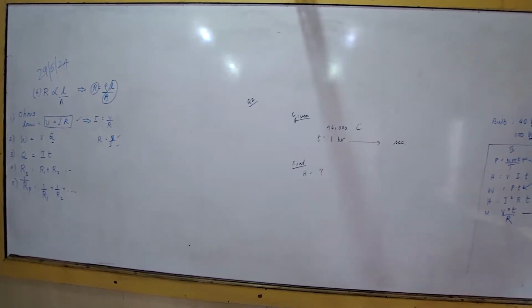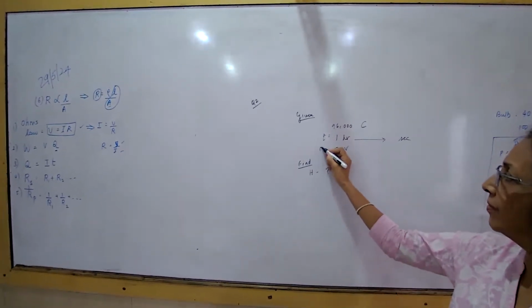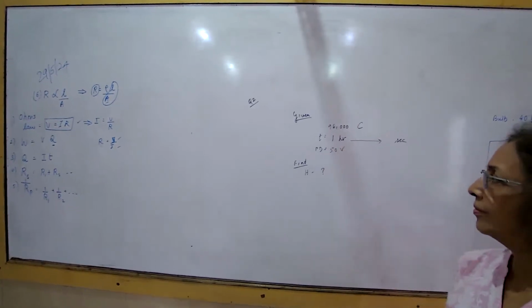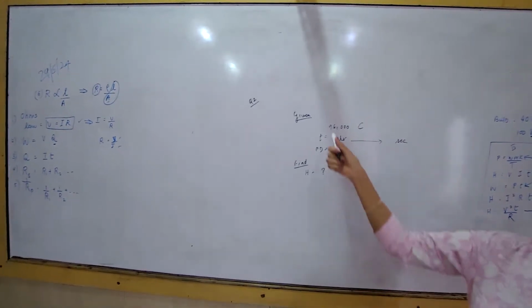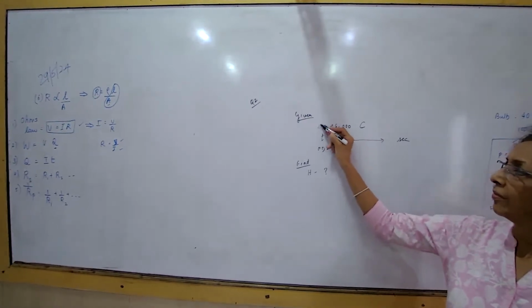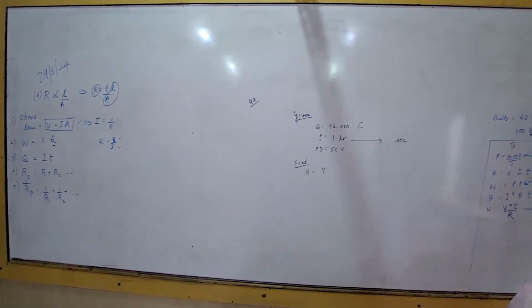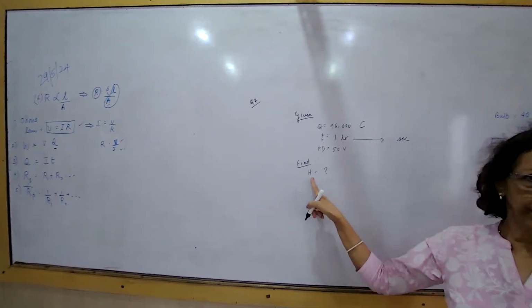You have a potential difference of 50 volts. Okay, what alphabet shall we write here? Q. Q. Okay, I have to find out H.